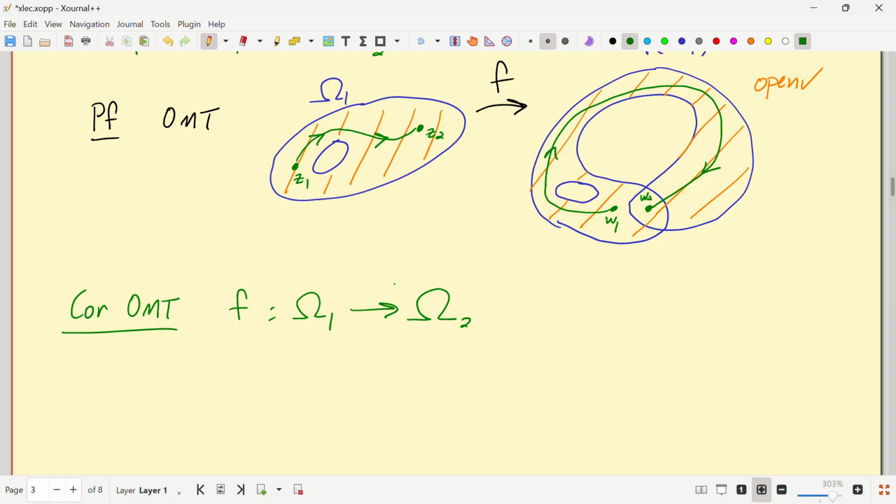Let's suppose I have f analytic on domain omega 1 and 1 to 1.